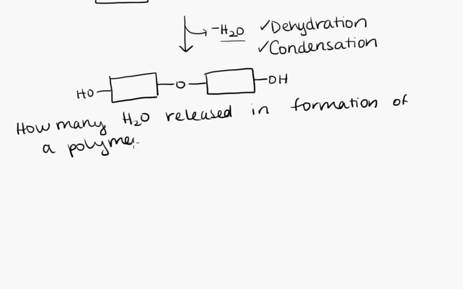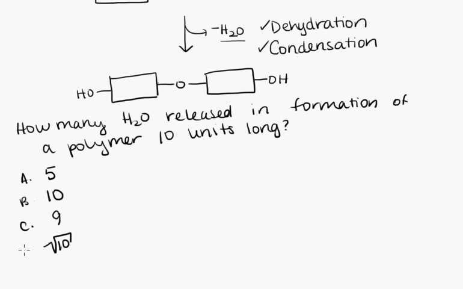I don't even have to specify what polymer we're making. 10 units long. And here are going to be some answers. So it could be 5, it could be 10, it could be 9, or it could be square root of 10 maybe, or something like that.